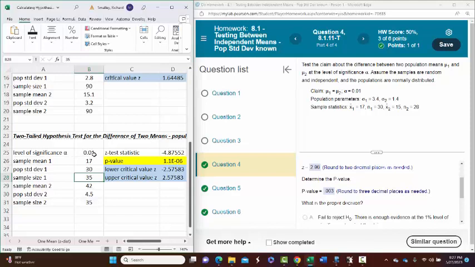what did I do wrong? Oh, sample mean 17. Oh, standard deviation, okay. Standard deviation, I messed up, 3.4. Now we have 30. And this sample mean is 15, standard deviation 1.4, and this sample size is 28.